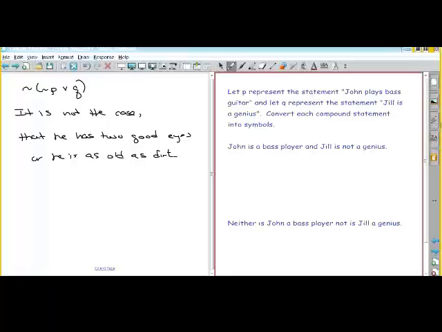We look up here, John plays the bass guitar. Slightly different words, but they're the same. So we're going to put that as P. That's just statement P. We use the upside down V to represent the word and. Jill is not a genius, compared to the original statement, Jill is a genius, so Jill is not a genius is the negation of statement Q. So that is the symbolic form of that written statement.